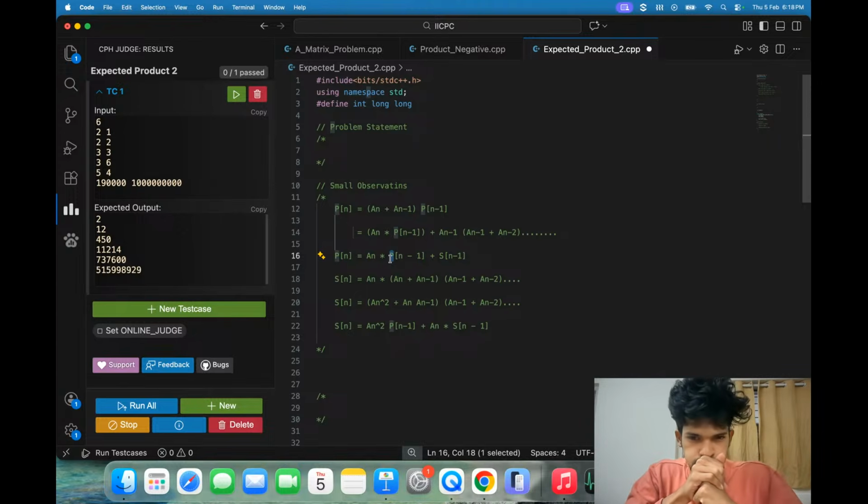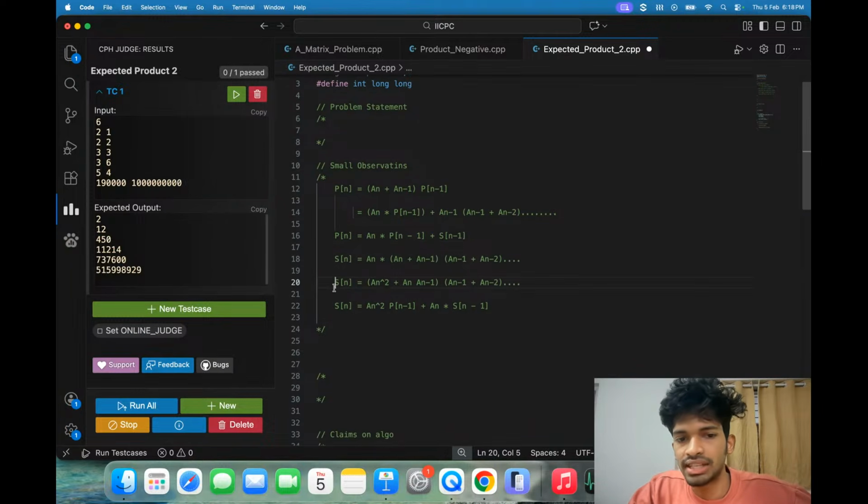And Pn minus 1 doesn't involve an at all. And Sn we are able to write like this, and this is purely independent again.